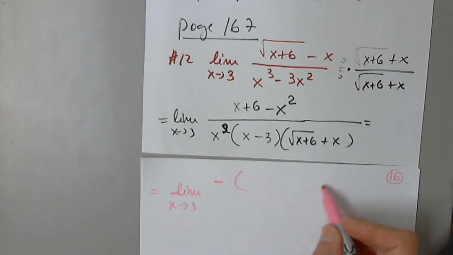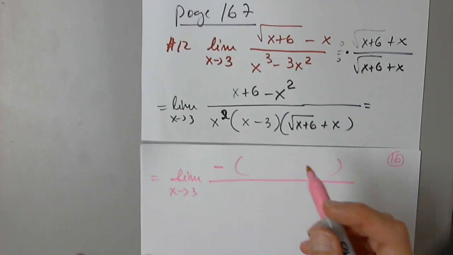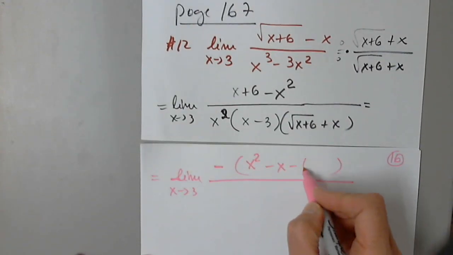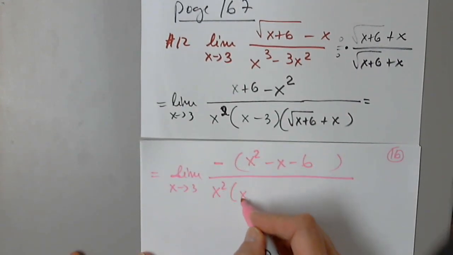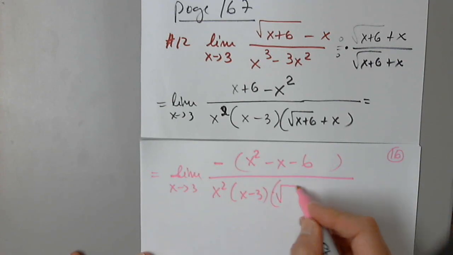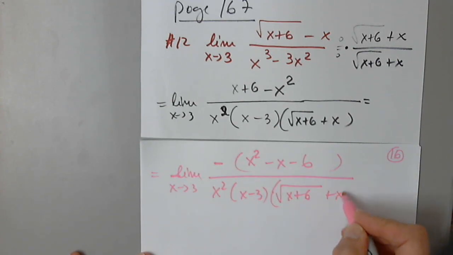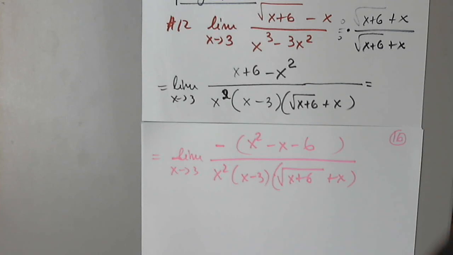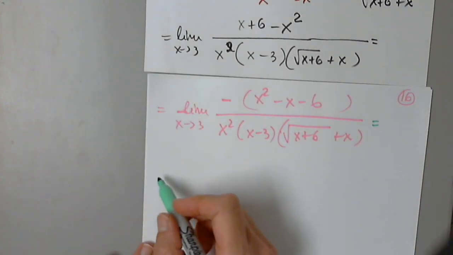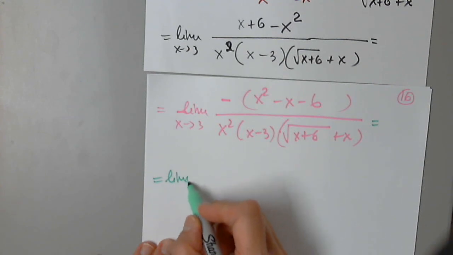With minus in front. So first of all, I have x squared minus x minus 6. And then the top is, after I factor, I better find what factor for sure.